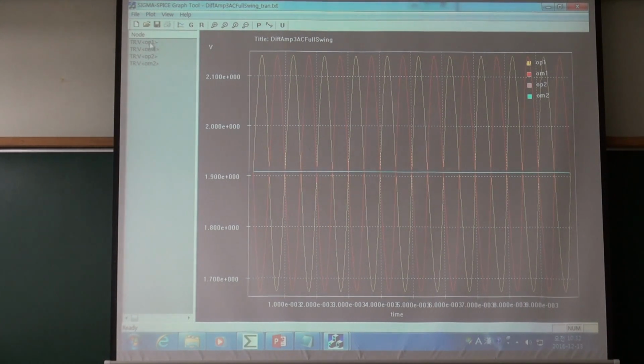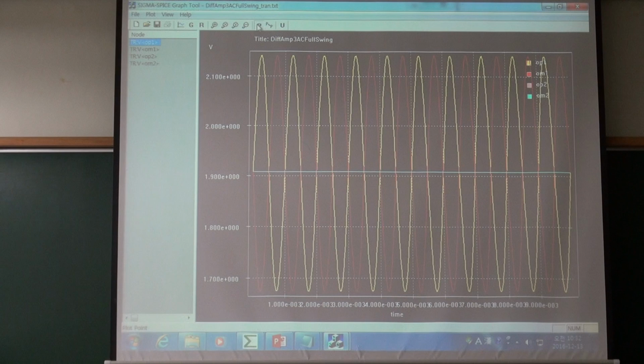See how large? So my 5 millivolt amplitude generates 465 millivolt peak to peak, right? Gain is maybe around 90, 93 or something like that. That's a differential mode voltage gain.